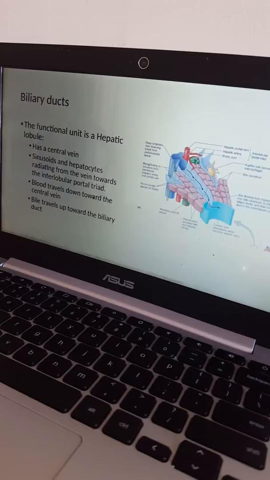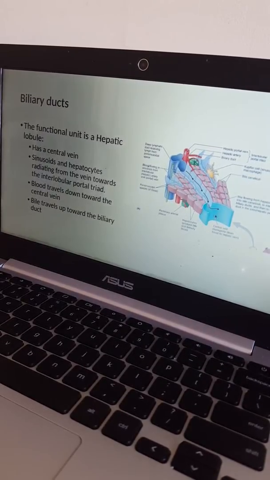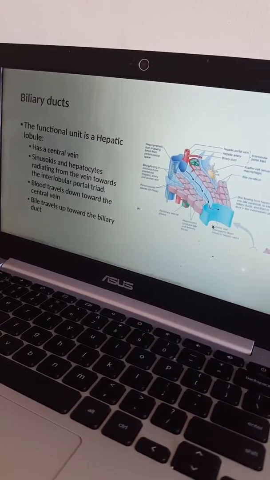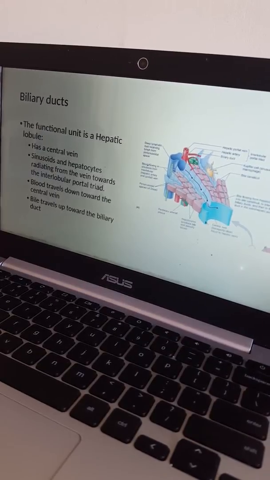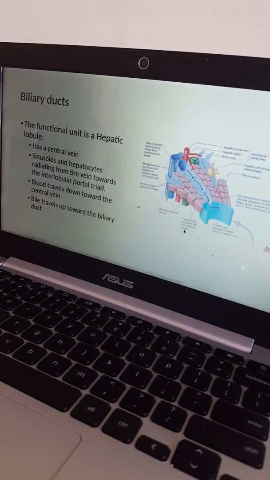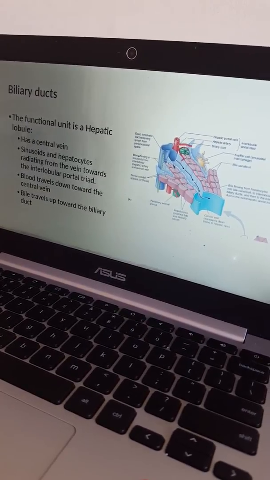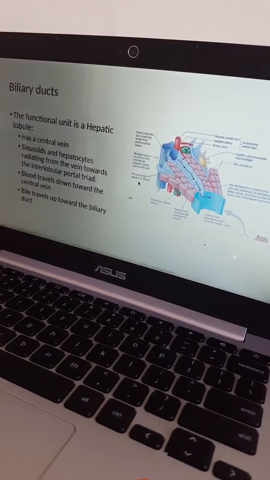So blood travels down towards the central vein. All blood is accumulated here, okay? And bile travels up towards the biliary duct. So all the bile is produced from the hepatocytes, so you can see hepatocytes produce bile and detoxify blood. And then you can see the space around the sinusoids. These are known as the perisinusoidal space of Disse.